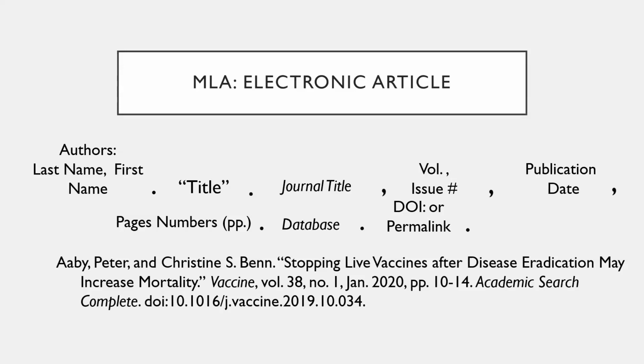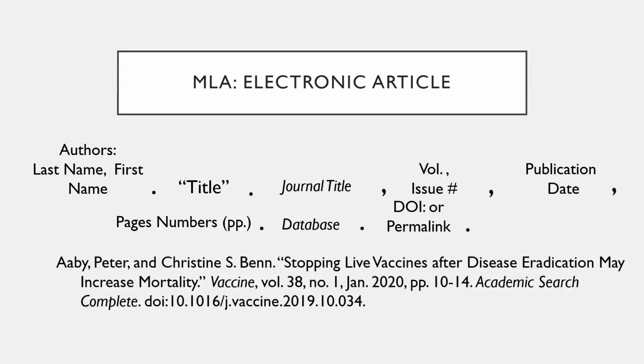Then I have Vaccine, and you put a comma, volume number 38, comma, no. 1, comma, January 2020. You also use the abbreviation for the months, you don't spell them out, comma, pp. 10 through 14. Then you have the database, which is Academic Search Complete.